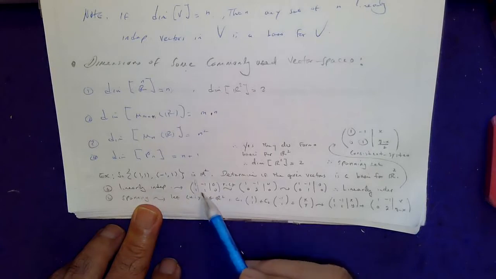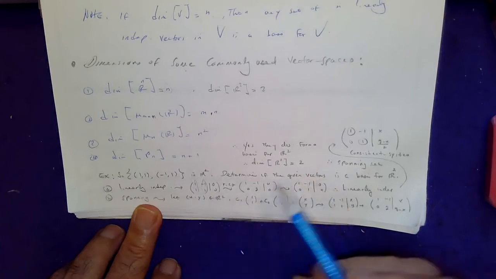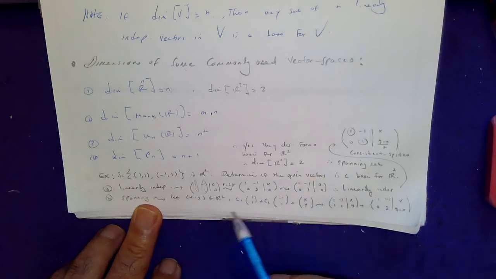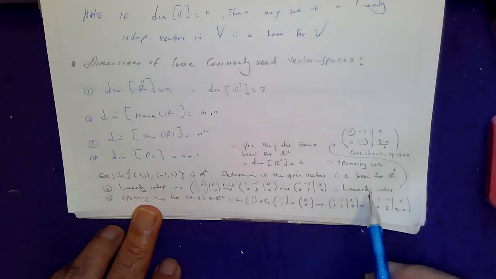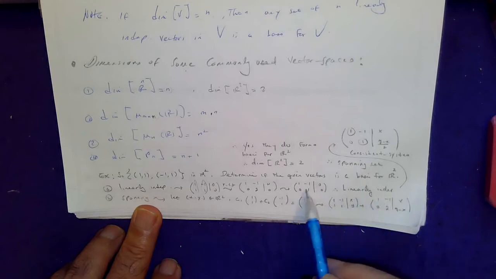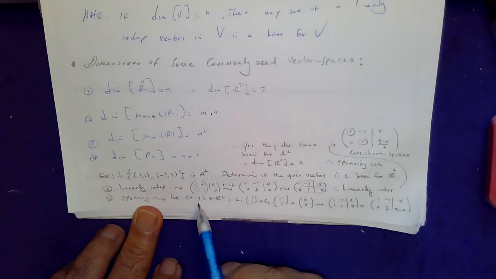So V1 is this one, V2 is that one, augmented with 0, 0, based on the definition of linear independence. Make sure at the end you conclude they are linearly independent, because the row echelon form has no row of 0.